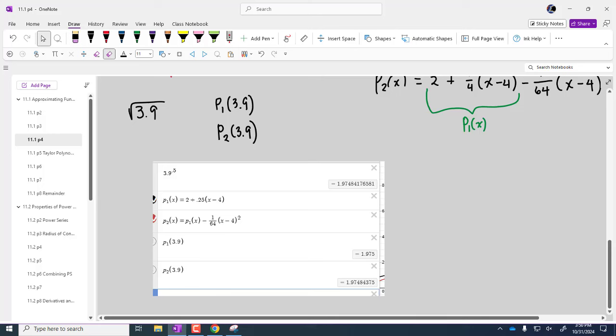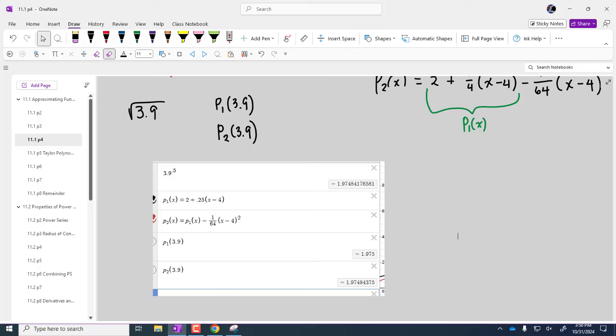All right, so let's make sure that we're seeing. So P1, here is the best approximation from Desmos because it went out further than we went out. This approximation where we just did a tangent line, it's good to 2 decimal places.